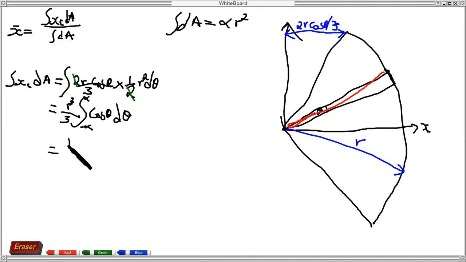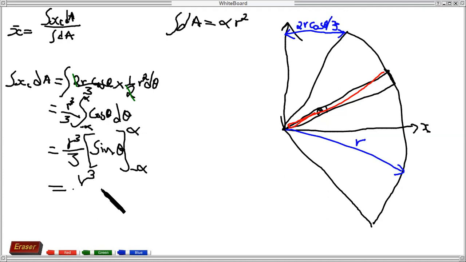So when we integrate, the cos will become sin of the angle. Then you put in the limits, so it becomes r cubed over 3 times sin of that angle minus sin of the negative angle.